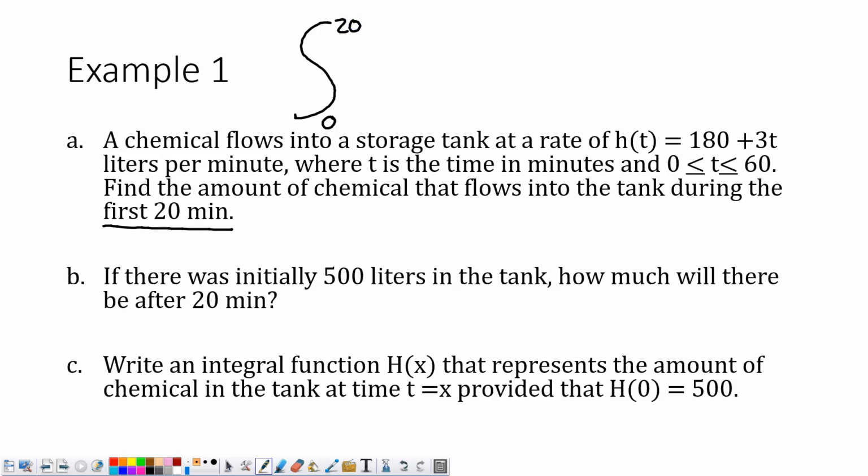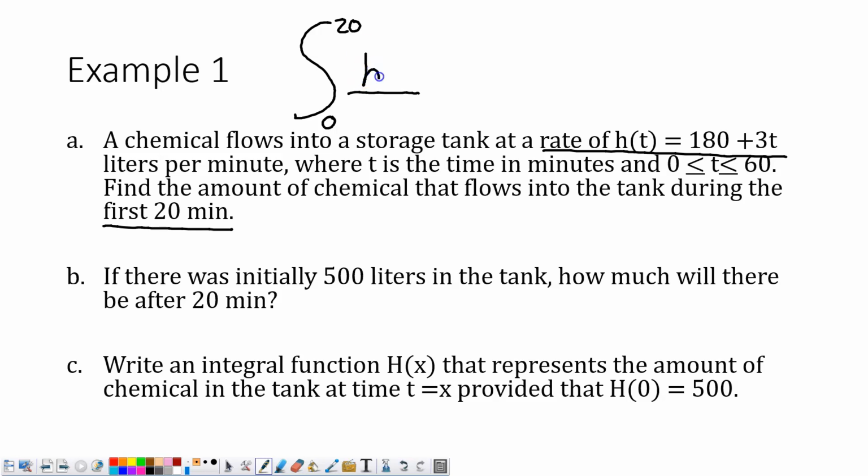Okay? Now, what goes in here is the rate that they're giving you. So h of t is the rate, actually. It says here at a rate of h, so we're not going to make that a derivative. It's a derivative of something else. So h represents the rate.